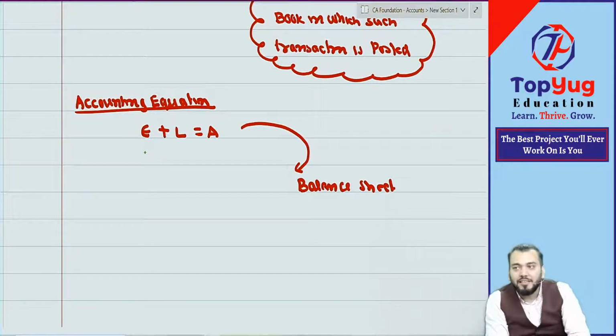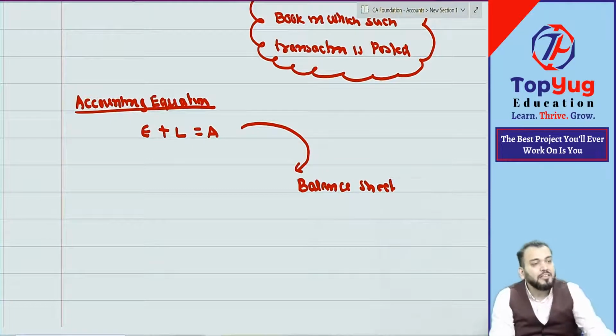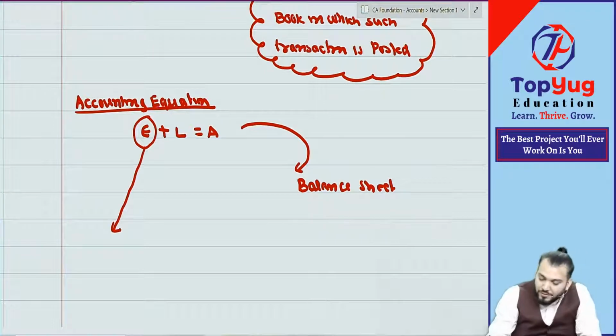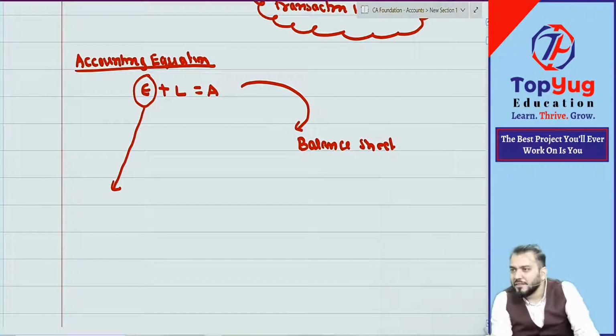So my question to you all: is capital a liability or not? It is not a liability. 100% correct, because I have given the meaning that any amount payable to an outsider is a liability, but the capital amount is payable to the owner.